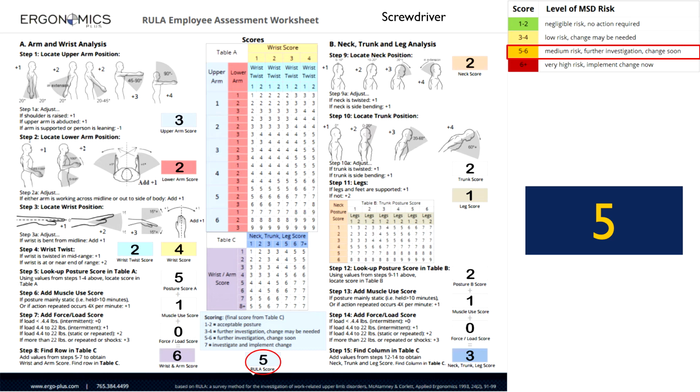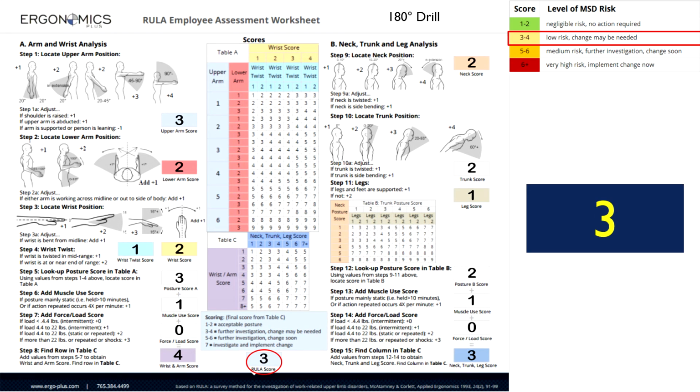In exchanging the screwdriver for a 180-degree drill that is tethered, we would remove the need to laboriously fasten. Instead, the hand can remain neutral and lower the tool rather than picking it up for every use. A RULA analysis supports this, going from a medium-risk activity in Lab 1 to a low-risk activity in Lab 2.